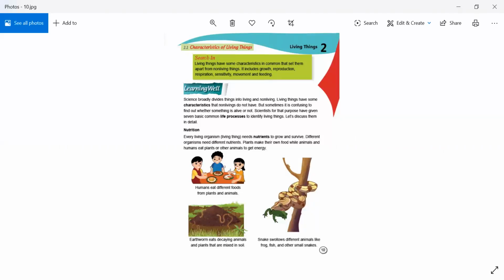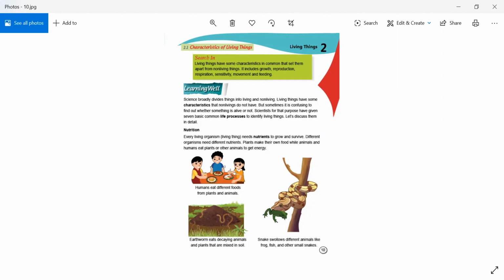And obviously, we human beings are different from animals, we human beings are different from plants. So different living things need different nutrients for them to grow and to survive. Like plants make their own food. What is the process name of when plants make their own food?